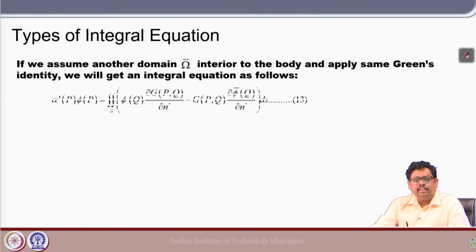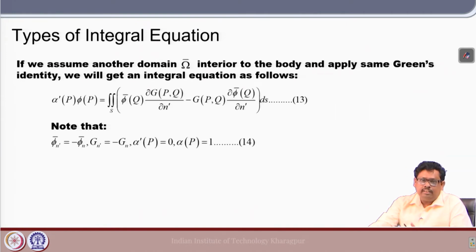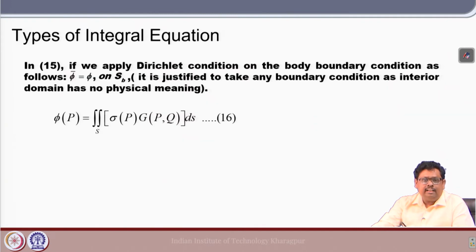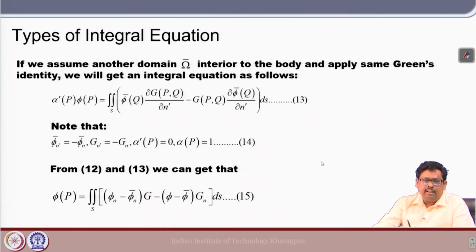So I can take any value for this phi bar at the boundary. So I said that if I take phi equal to phi bar, and then take the difference of the normal derivatives, phi n minus phi n bar, as sigma.